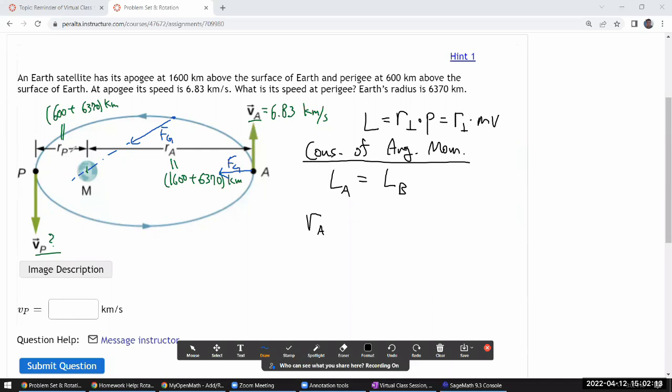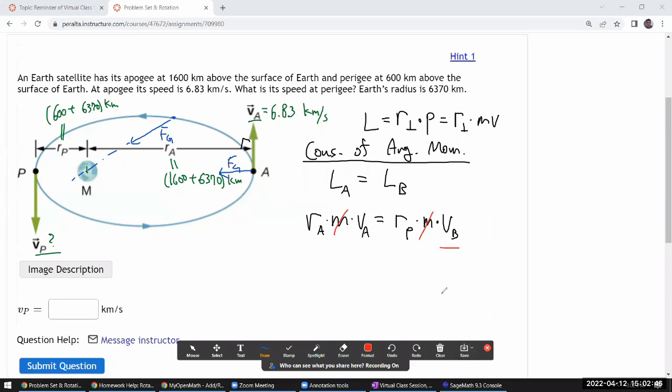And at apogee and perigee, this distance works out to be the perpendicular distance. For all the other points along the orbit, it gets a little complicated, which is why we ask about apogee and perigee. So I can just use that as my lever arm, times the speed at apogee, equal to the perigee distance, RP, times m times the speed at perigee. The masses cancel out, which is great because the question didn't give us that.